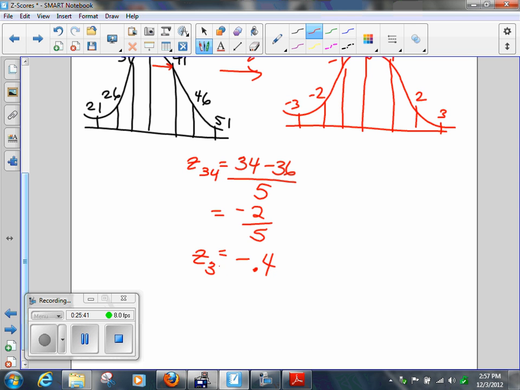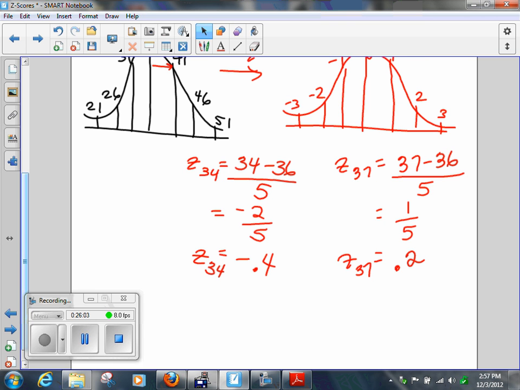So my z-score for my 34-year-old was -0.4. Yep, that's right. Then the z-score for my 37-year-old, 37 minus my mean over my standard deviation, is 1/5, which is 0.2. This is exciting stuff. Woo! Isn't it exciting?